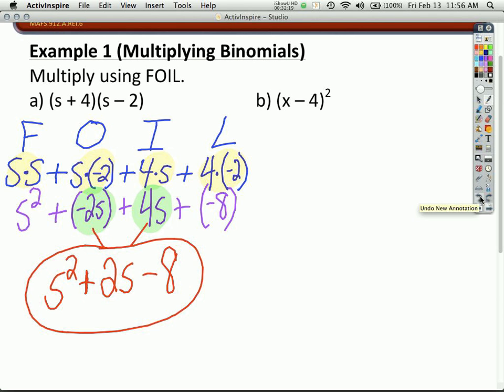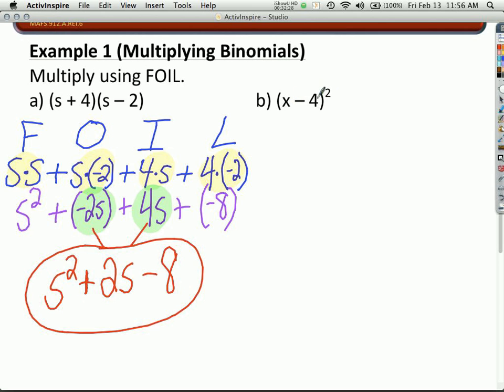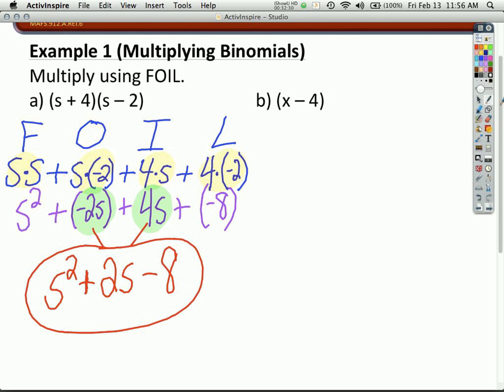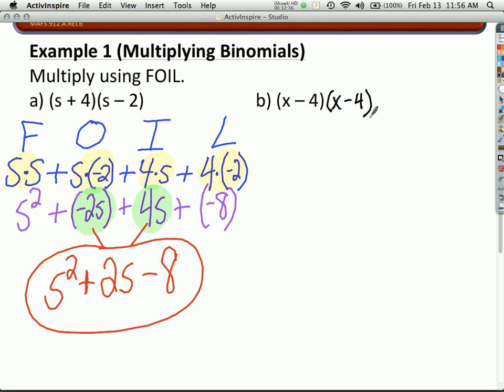What could I write this as, Christian? X minus 4. X minus 4. Yeah. This means the base times itself. So we could rewrite this as this. So it is a binomial times a binomial.